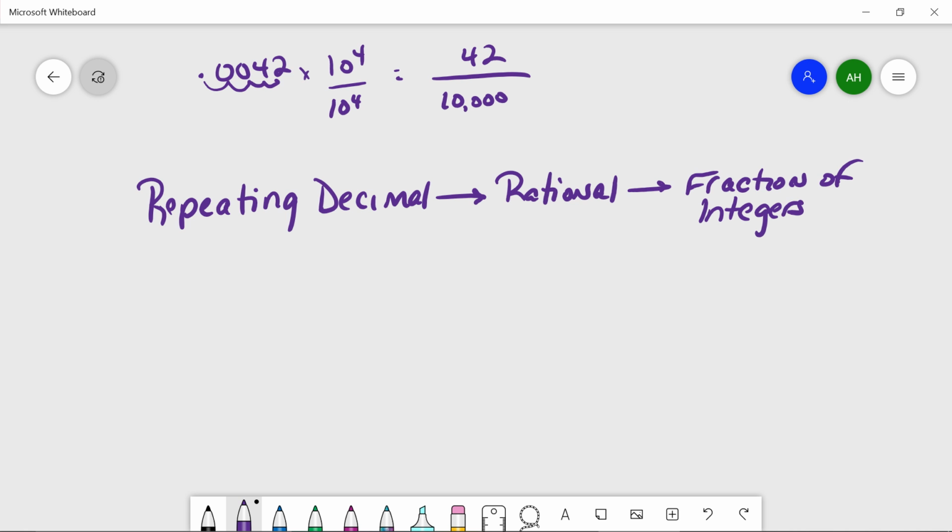Can I take a repeating decimal and write it as a fraction of integers? If I can do that, I can show that this is indeed a rational number.